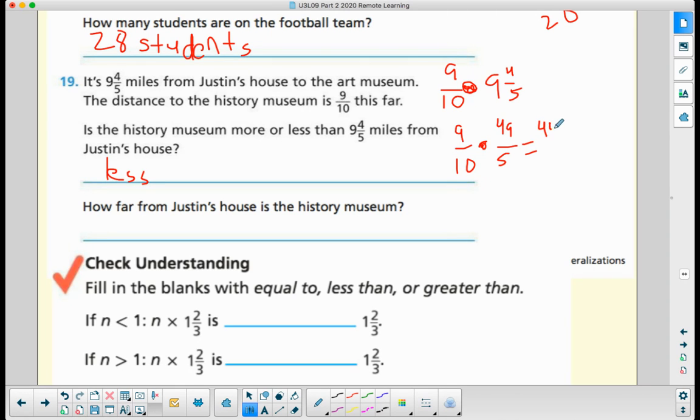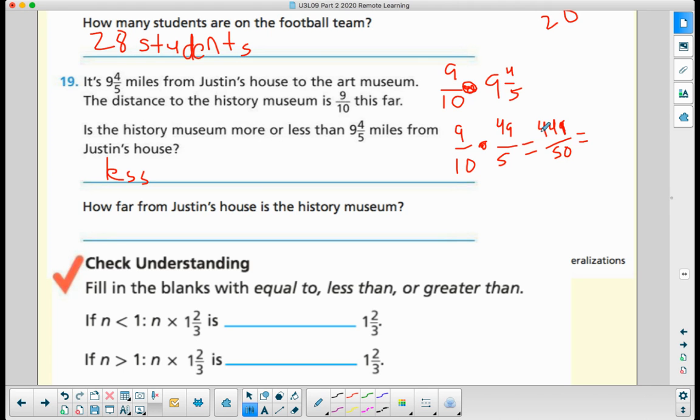441. Did I say 1 and I wrote a 9? 441. 10 multiplied by 5 is 50. So now, how many 50ths make a whole? 50. How many 50ths in 400? Well, there's 2 50s in every 100.